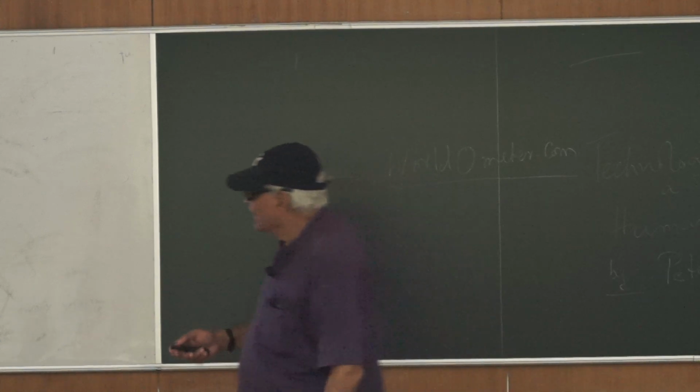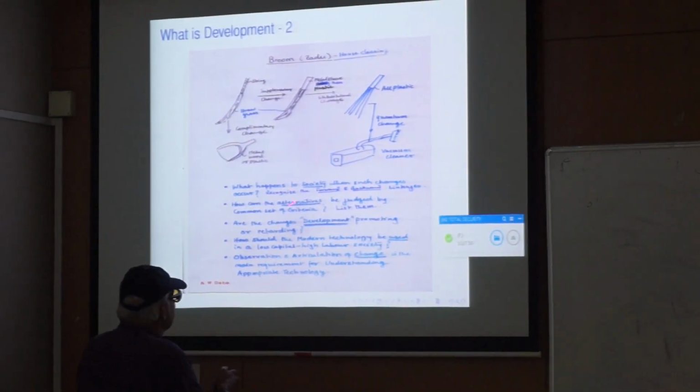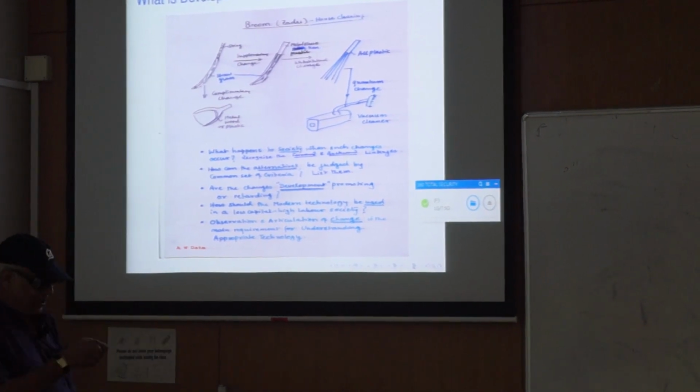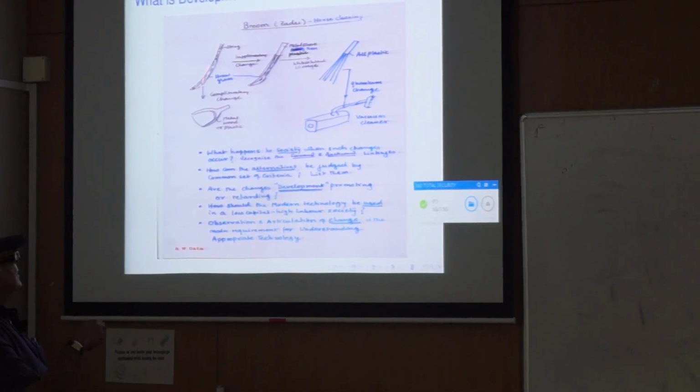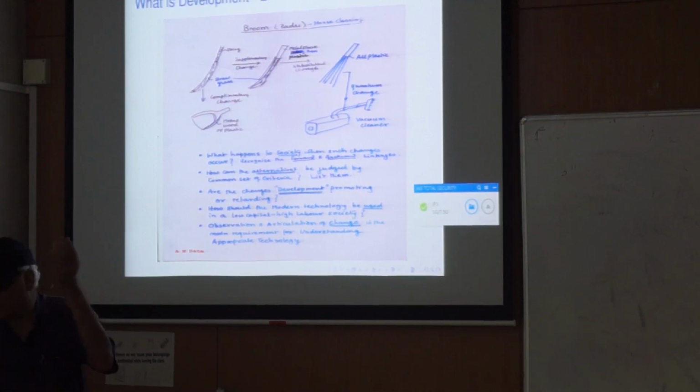Right. So always ask what happens to society when such changes occur. Recognize the forward and backward linkage. You see, when this jadu was there, you were taking something from nature.